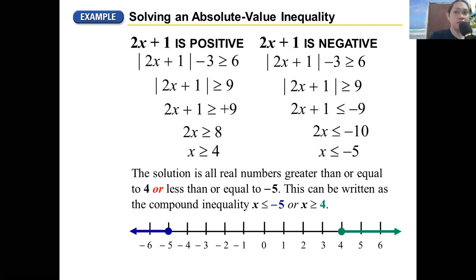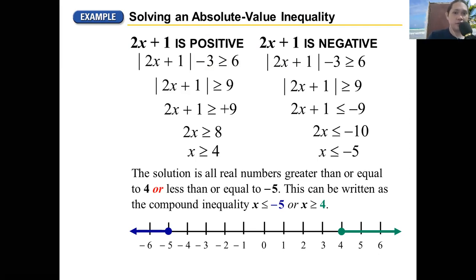Again, this is what we call a disjunction. What I mean, they don't meet. This is what I said a while ago: the solution set of compound inequalities with absolute value becomes a compound inequality.